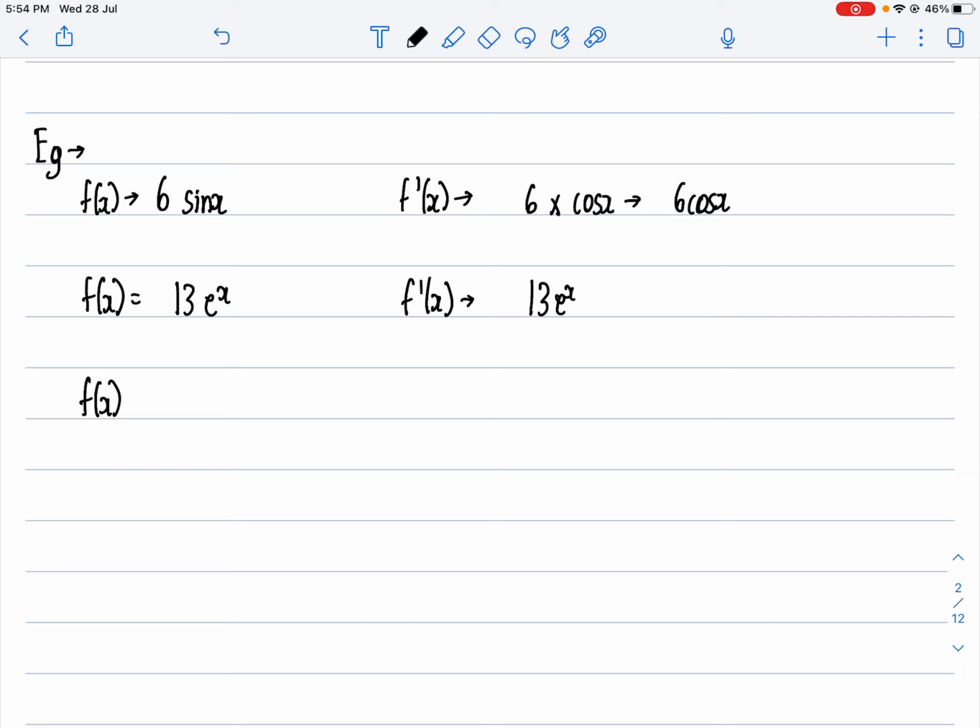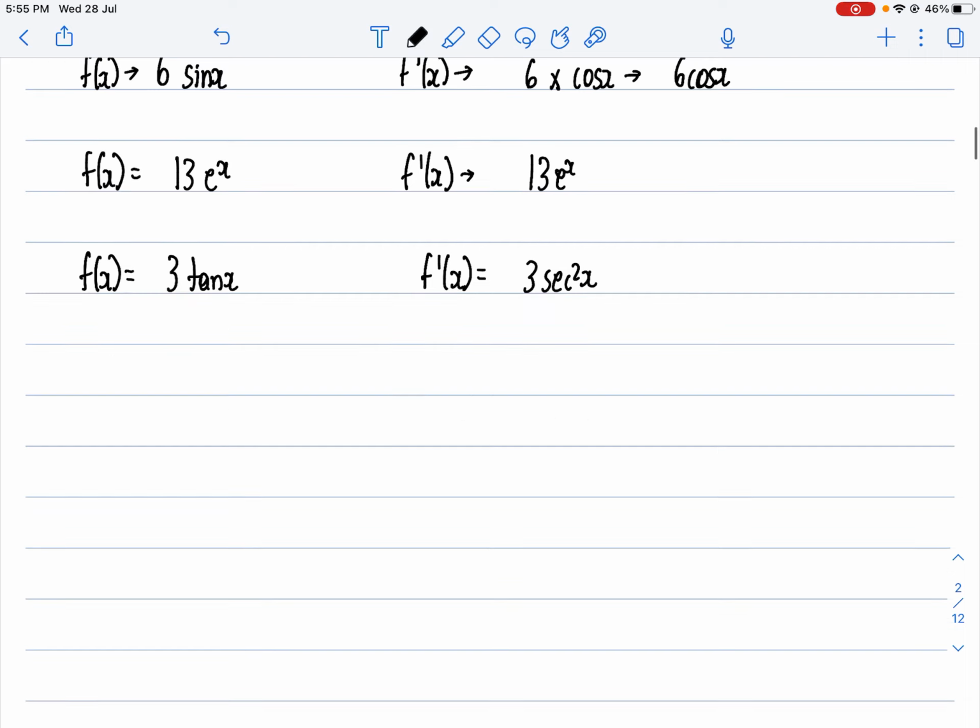If I have my f of x basically as 3 tan x, so the differentiation or dy by dx will basically be 3 sec square x. Okay, so as you can see, the constant remains as it is. It's just multiplied to the differentiation of the variables.